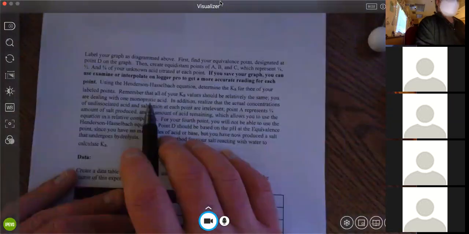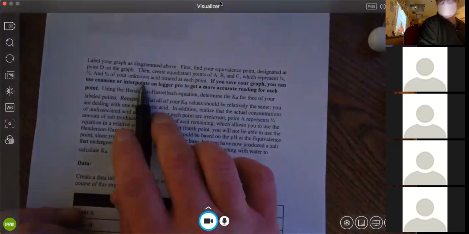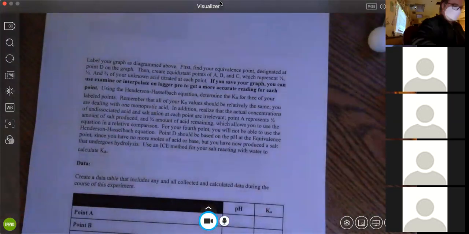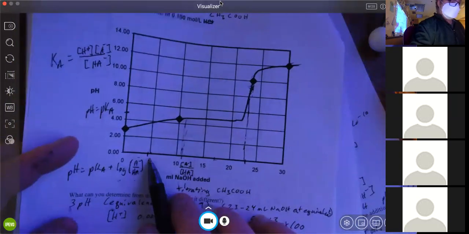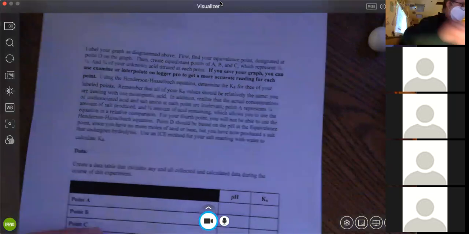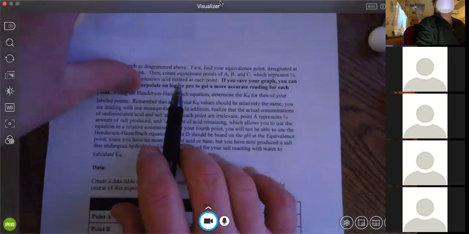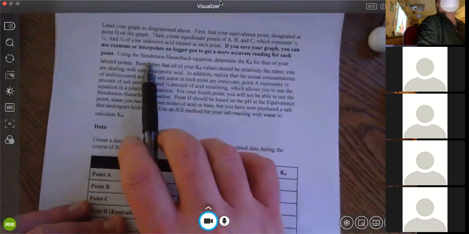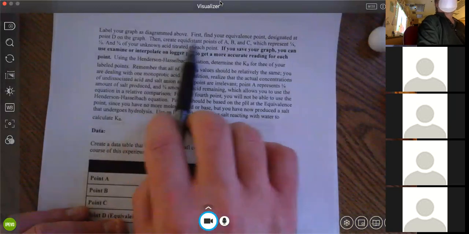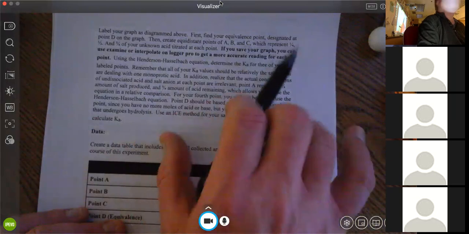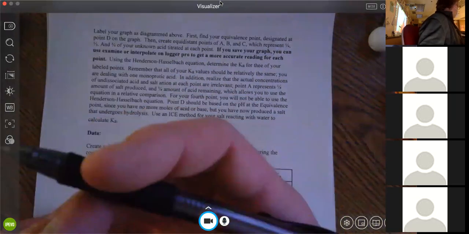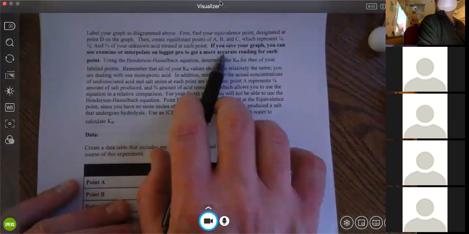Again, looking at that graph, we can cut that into half and then into quarters. If you're doing the lab tomorrow, or helping with the calculations for the lab, you want to read this paragraph over and over again. You're going to create points A, B, and C, and D is going to be your equivalence point.